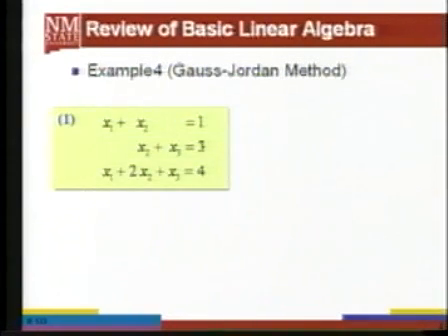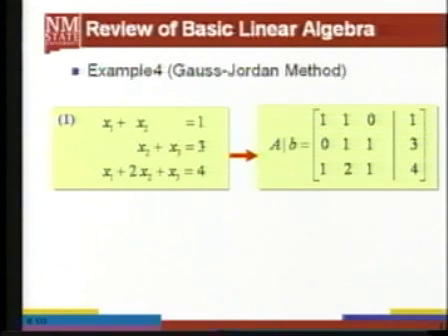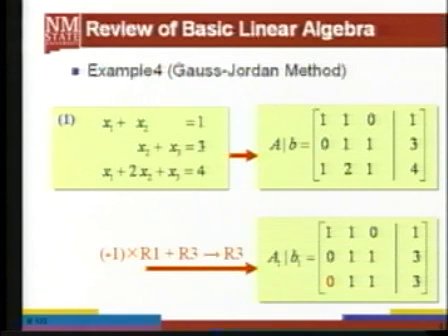Let's consider another example. Let's try to apply the Gauss-Jordan method to this linear system. The augmented matrix form of system number 1 is this, right? And we begin by replacing row number 3 by -1 times row number 1 plus row number 3.